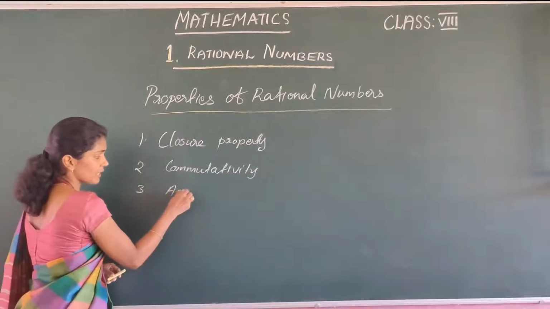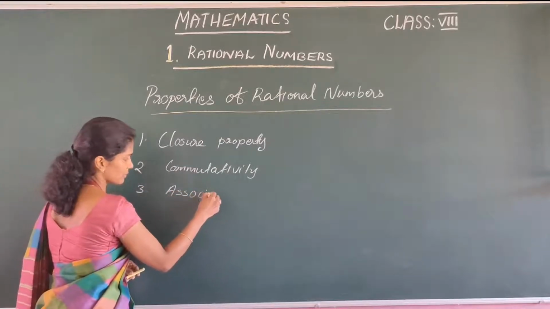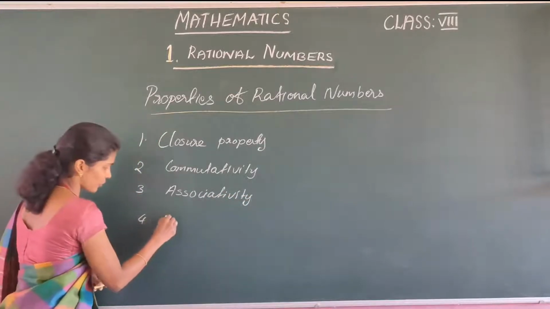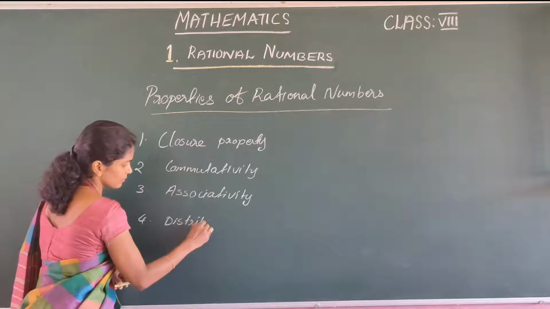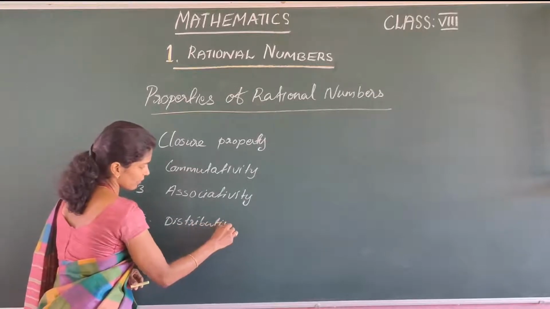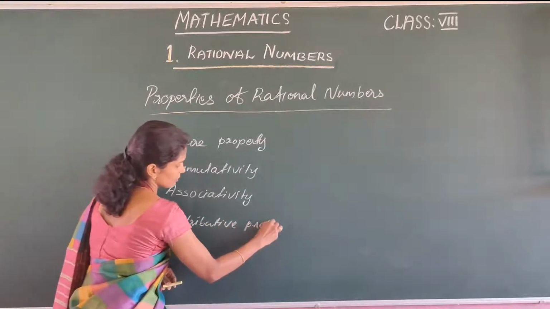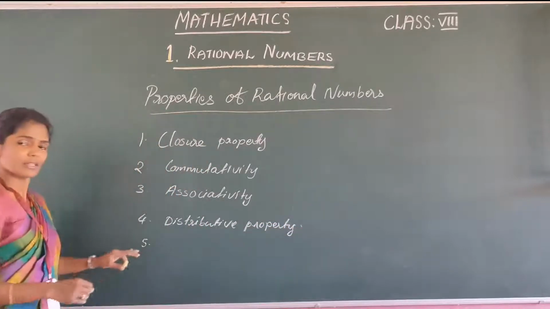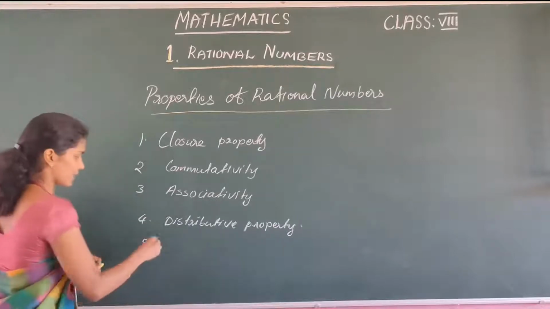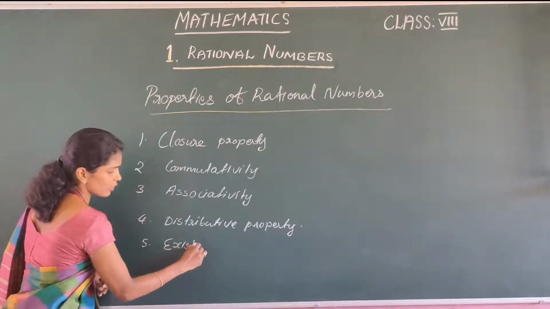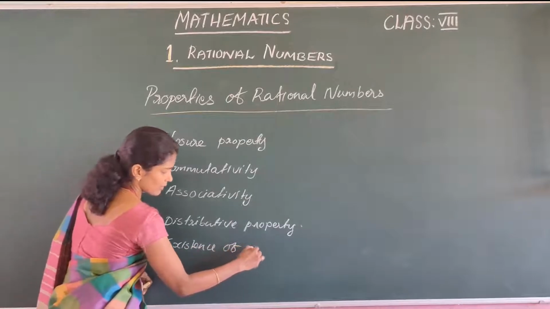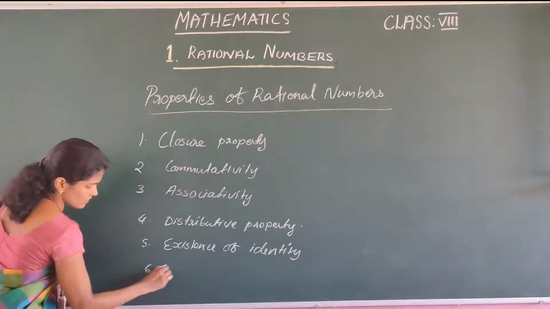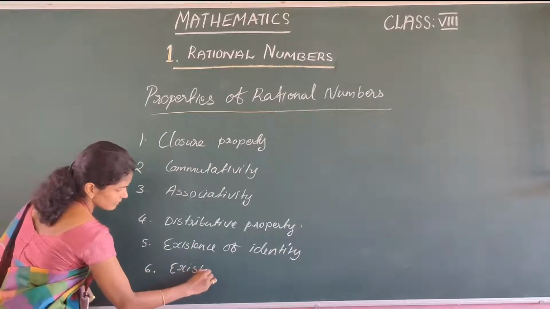Third property, associativity, the associative property. Then we study the distributive property, distributive law. Then two more cases here: existence of identity and also existence of inverse.